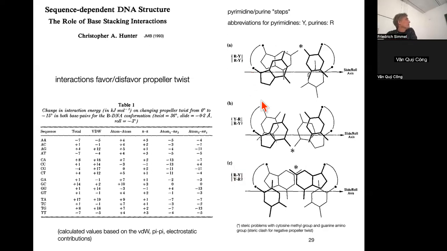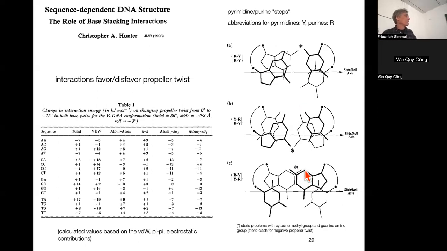Here's just one example, and I don't go through these things here, but you see that this is about moving bases in one or the other direction, or trying to make this propeller twist. These stars indicate a steric clash.